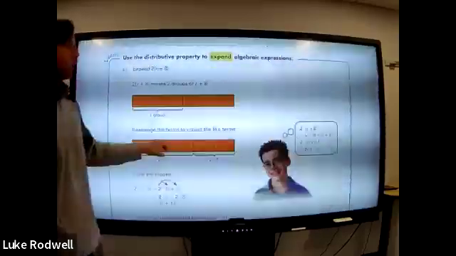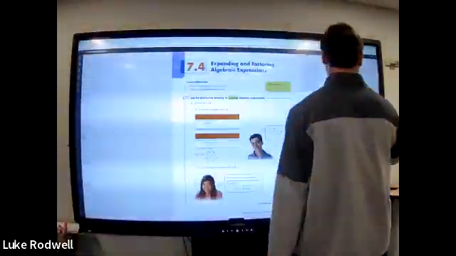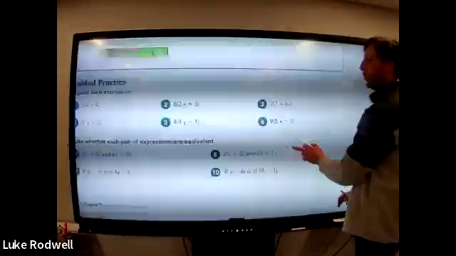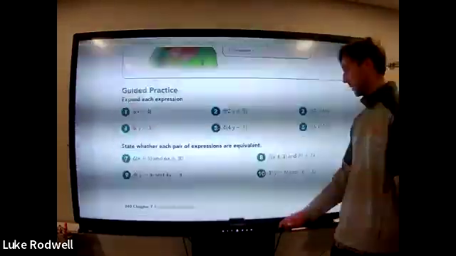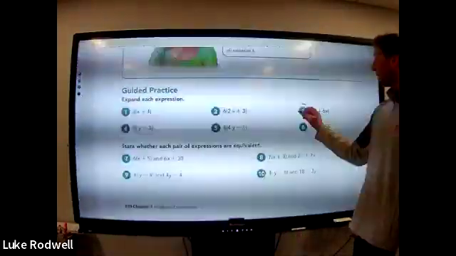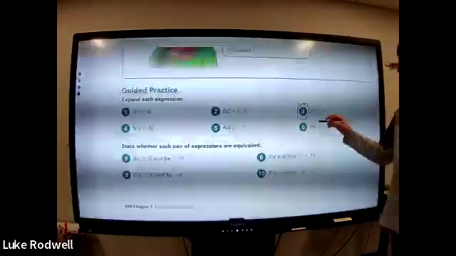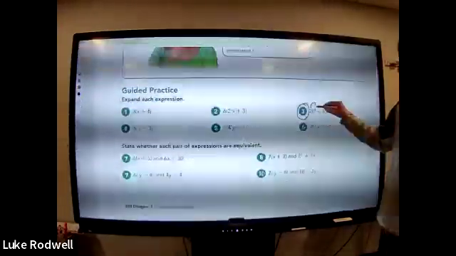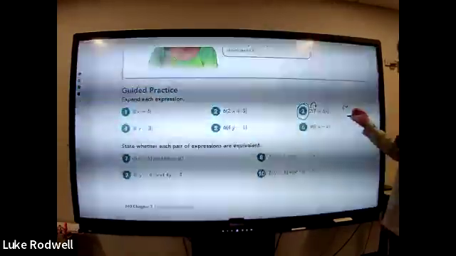I'm going to go through a couple of examples that we did in class, and then we will jump into the homework. It'll be a short one today. Here, if I was to expand these expressions, for number 3, I've got a 2 and I'm going to distribute it, or multiply it, by everything that's in the parentheses. 2 times 7 is 14.